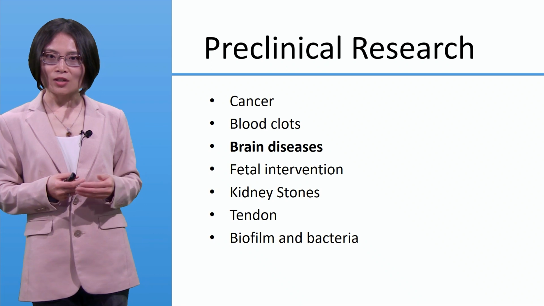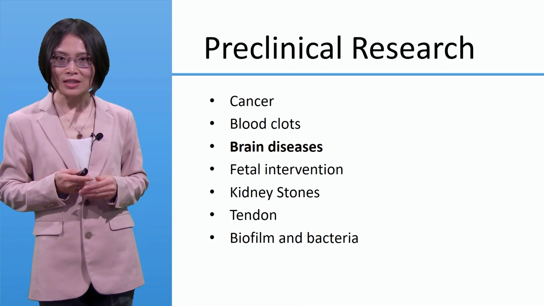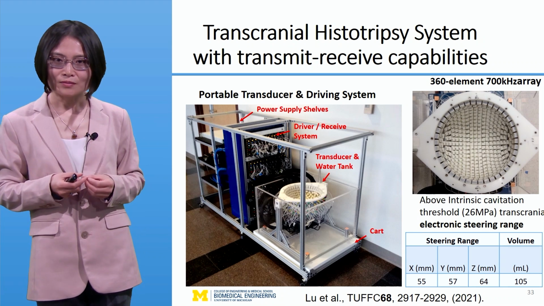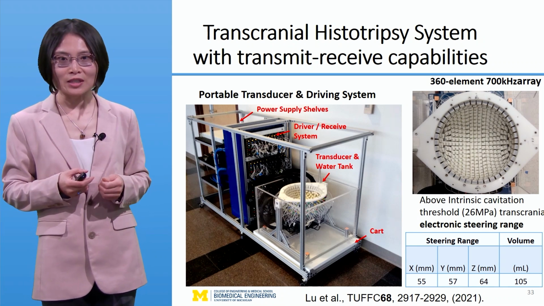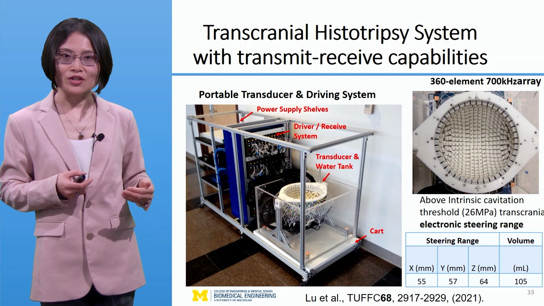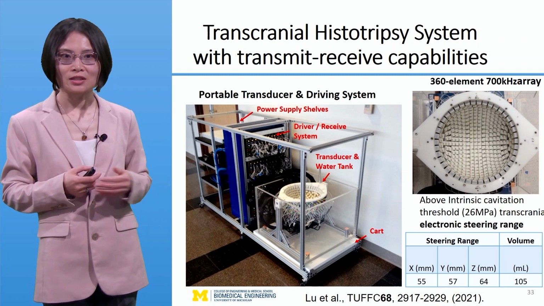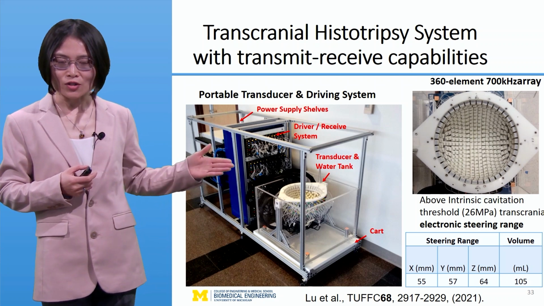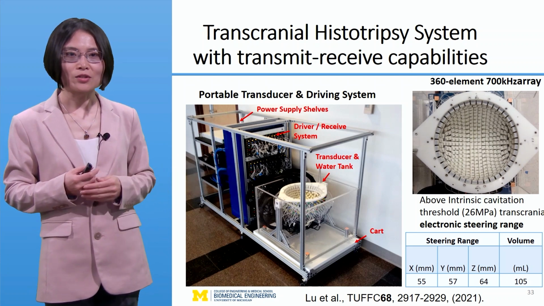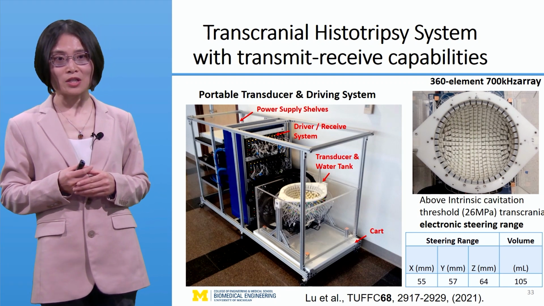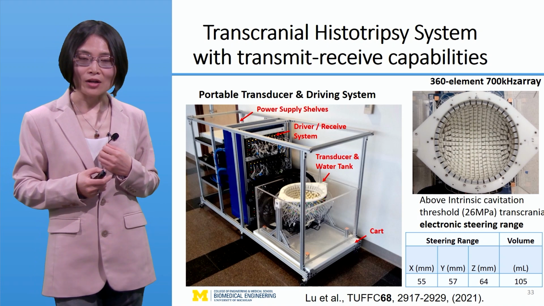So the last preclinical research topic I want to talk about is brain diseases. Treating through the skull for non-invasive treatment of brain disease is very challenging for histotripsy, because histotripsy requires such a high pressure. This picture shows the 360-element, 700 kilohertz transcranial histotripsy array that has been developed by our lab.